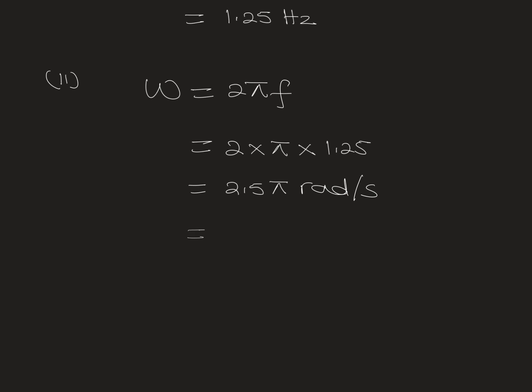But if you still want to insert the value of pi, that's going to be 2.5 times 3.142 radians per second. So that is going to be 7.86 radians per second. Okay, approximately the angular velocity is 7.86 radians per second.